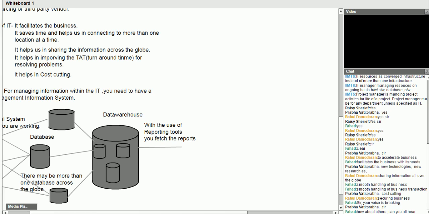With the use of reporting tools, you fetch the reports. For whom do you fetch the reports? For top management, or managers, or policy makers for decision making.